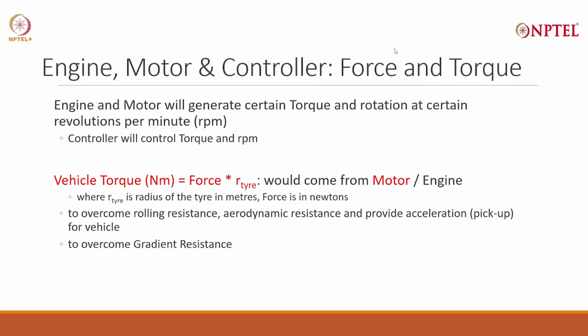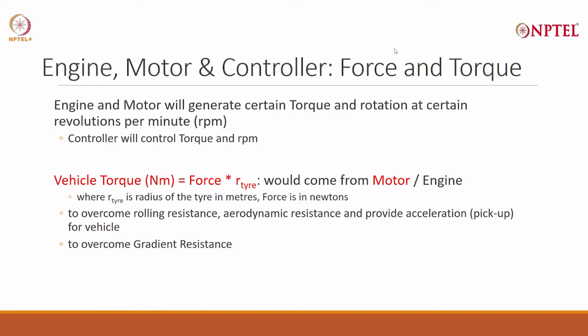So, vehicle torque is measured in terms of Newton meter. We will get into more details of this Newton meter. It is force multiplied by the radius of the tire. That is a torque.